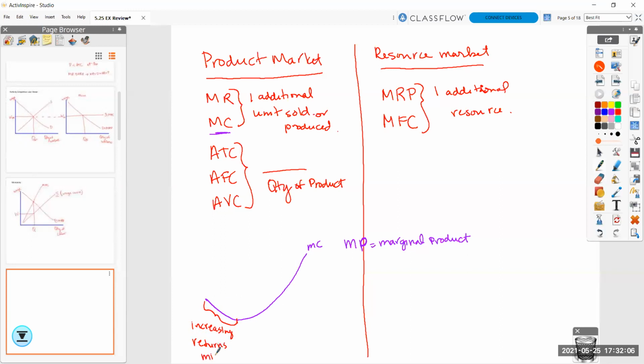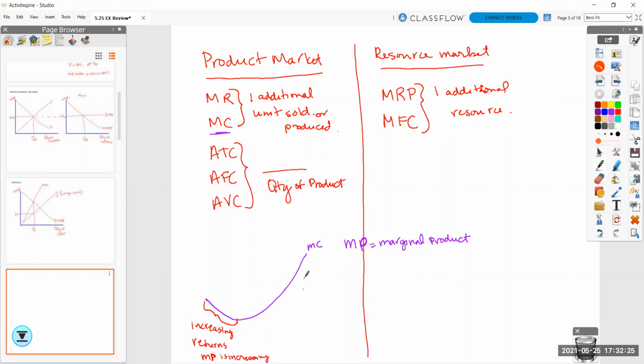That's when the marginal product is increasing, right? So the marginal product is going from 60 to 80 to 110.